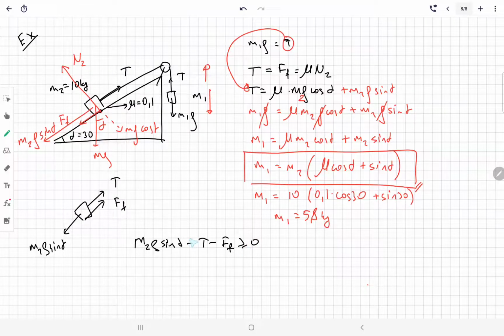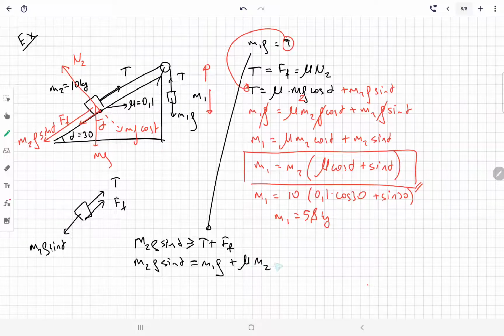Or we can say m2g sine alpha should be greater than tension plus friction force. Only in this case it will move downward. So tension again at least should be equal to m1g. So m2g sine alpha equals m1g plus mu m2g cosine alpha.